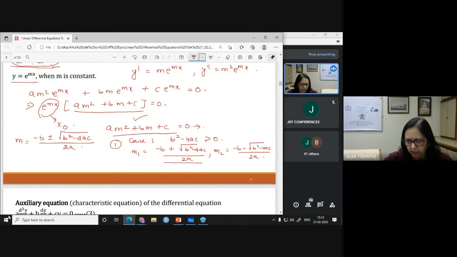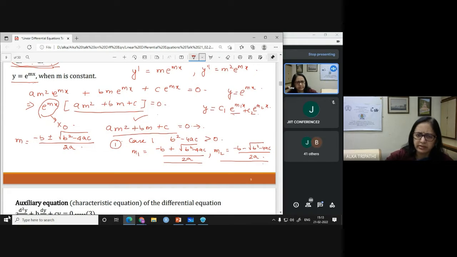real and unequal. That means we started with y equal to e^(mx) as the solution. So this indicates that e^(m1x) and e^(m2x) are two solutions of the differential equation. And since these two are solutions, y1 and y2, that means their linear combination is also a solution of the equation.